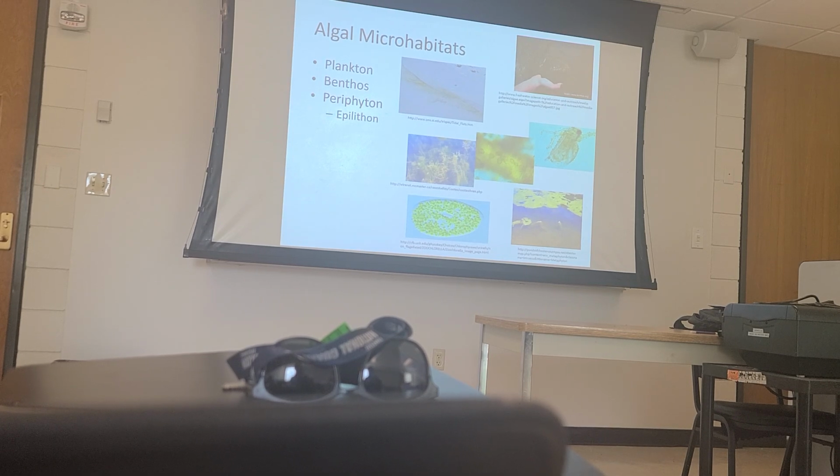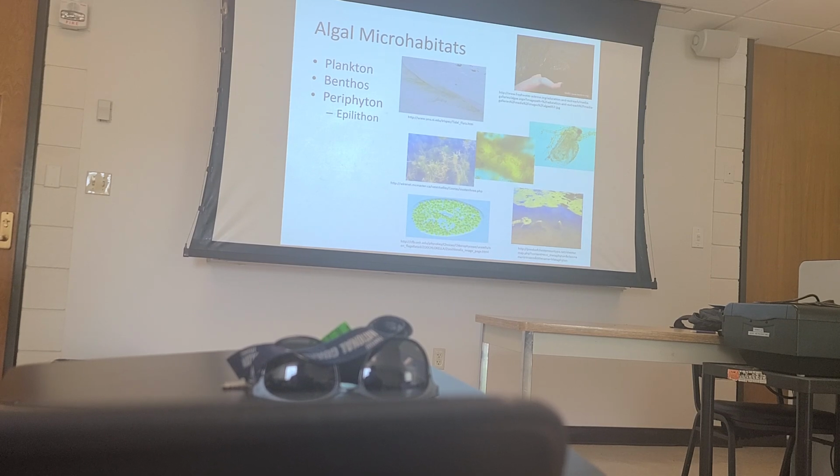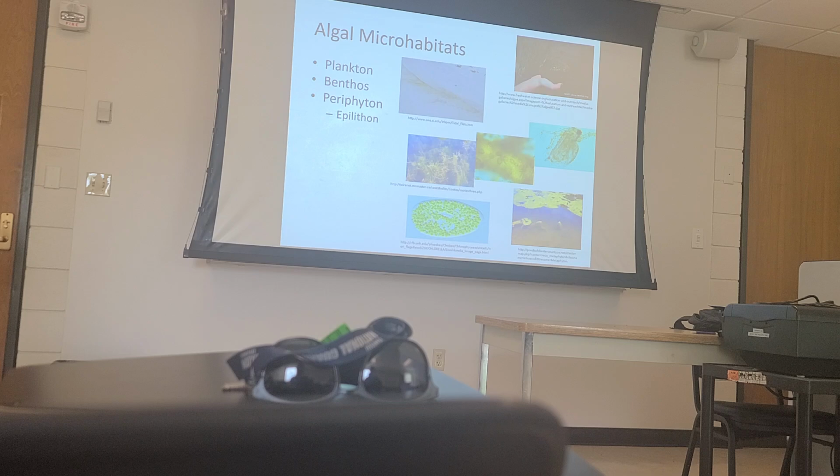So epilithon, any guesses where epilithon is from? Lith is the key. The epi means like upon. Like we talked about the epilimnion, that was the layer that was on top of all the other layers. So epi means upon, but lith is the key.